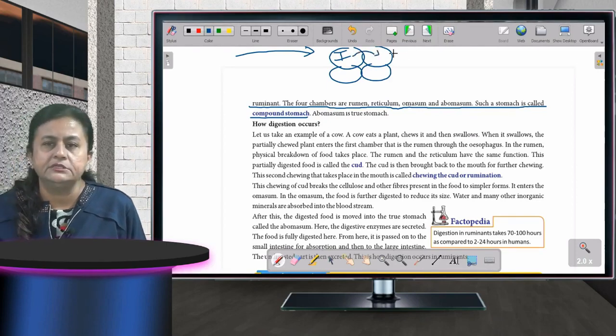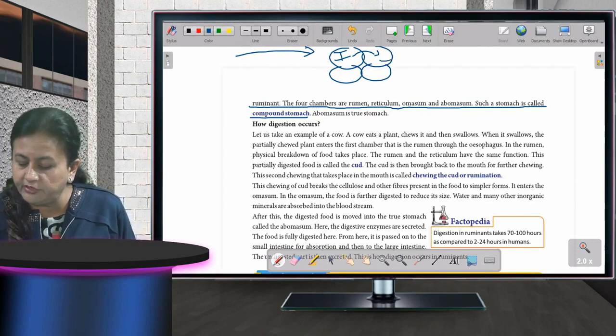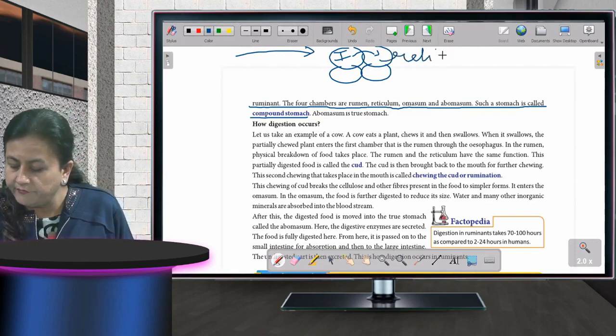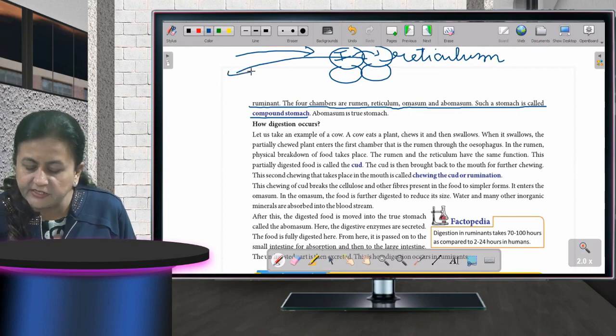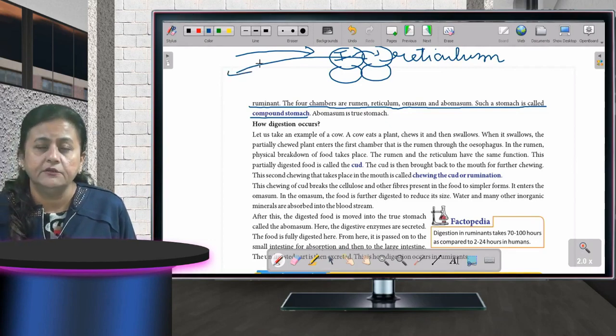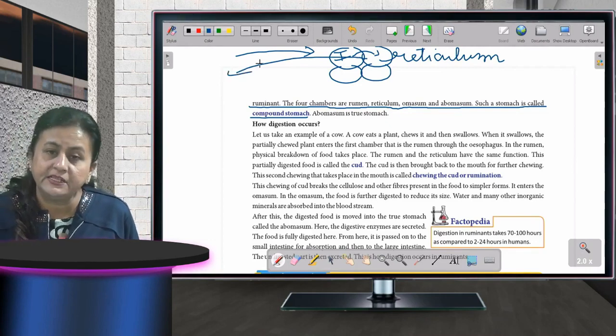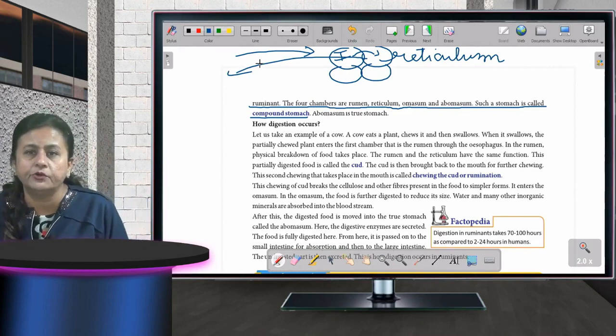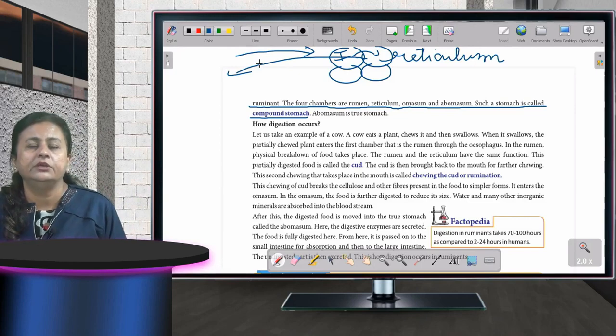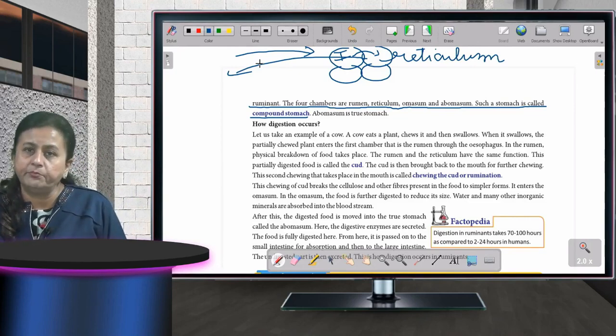Once the animal sits, what is the function of this reticulum? The function of the reticulum is to send back the grass which the animal has eaten once again into its mouth, so that it can chew. Okay, it chews over there, and slowly the cellulose starts breaking.